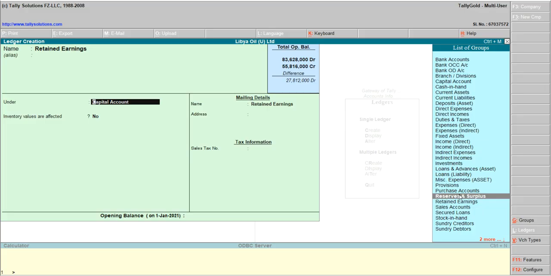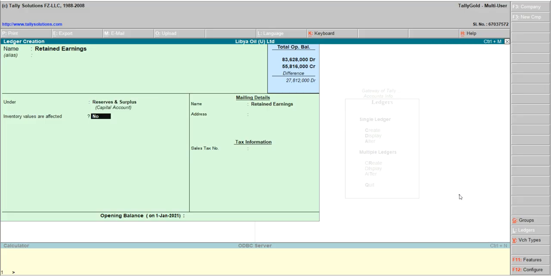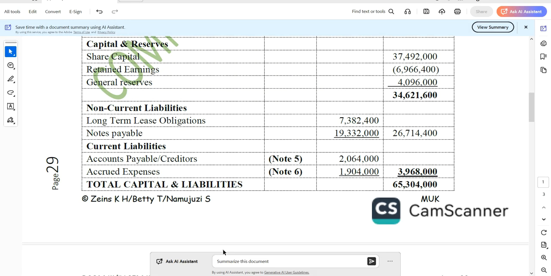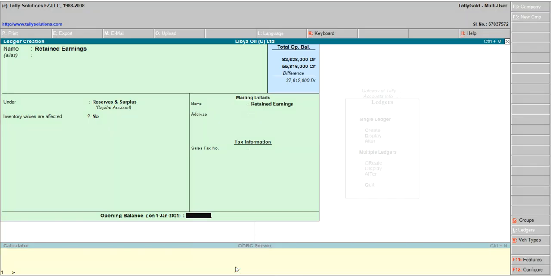That's the appropriate group. Reserves are not affected. How much is the balance? This is 60,966,400, but it will be a debit balance because it's negative.